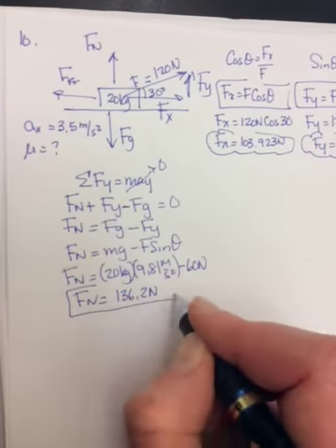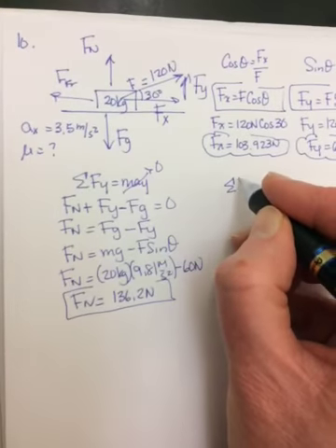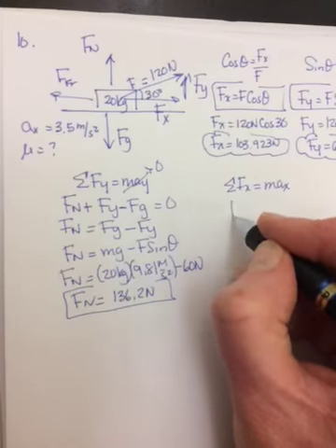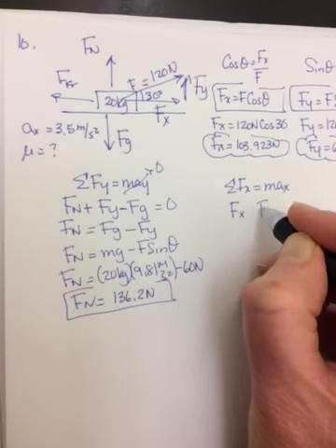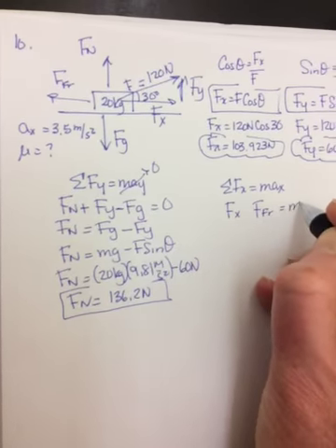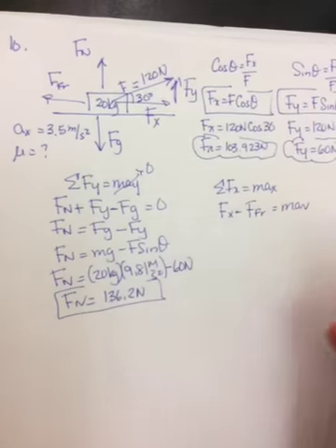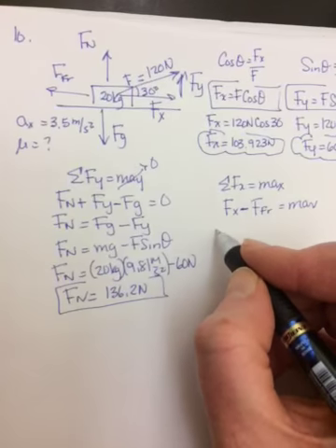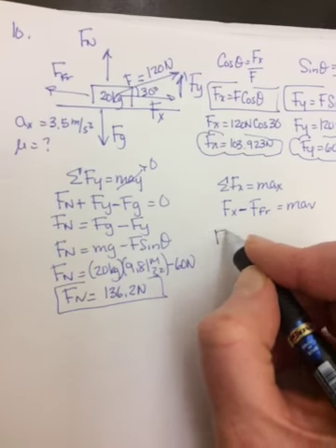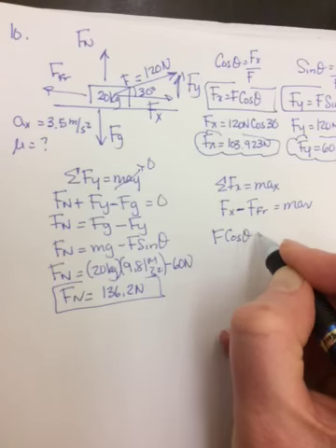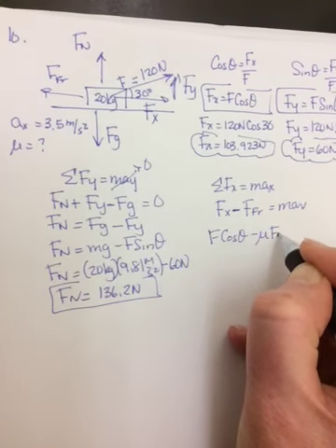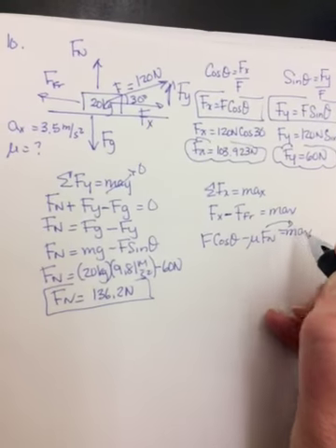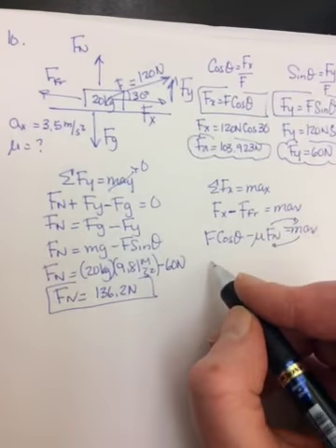newtons. Okay, go to the sum of the forces in the x direction is equal to max. So there's Fx going one way, friction going back, equal to max. Calling direction of motion positive, friction will be negative. Fx is F cos theta, friction is mu Fn, and it's mu that we're trying to solve for. So take your mu Fn to one side, bring your max over.